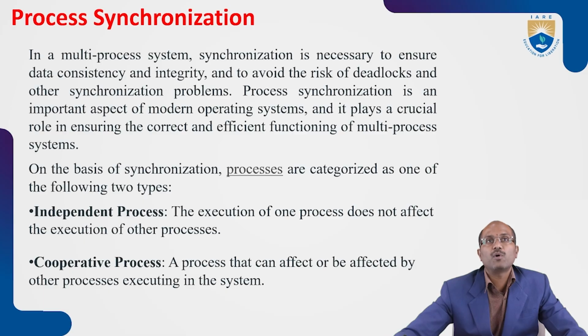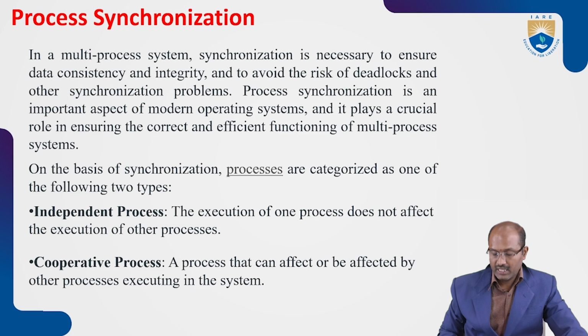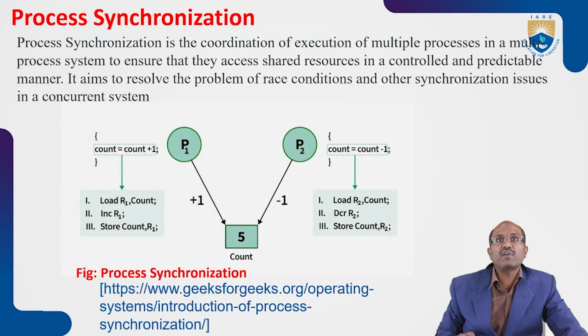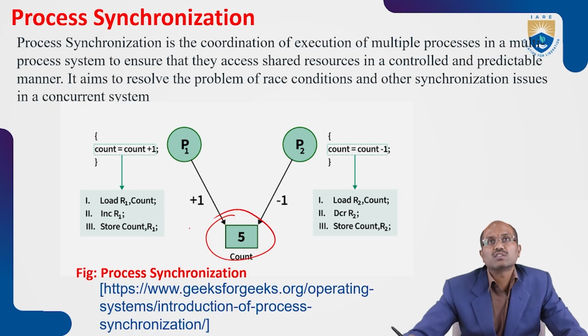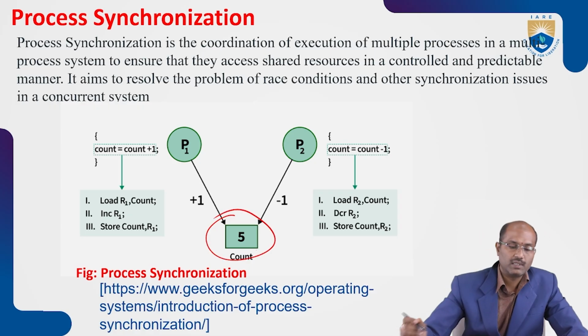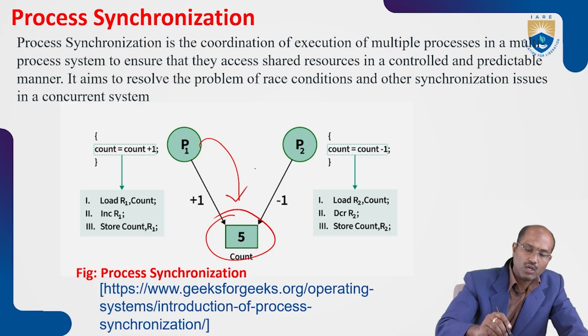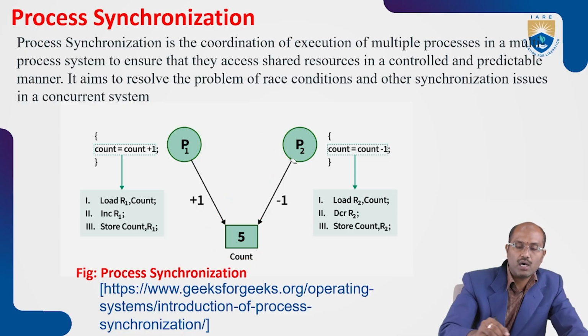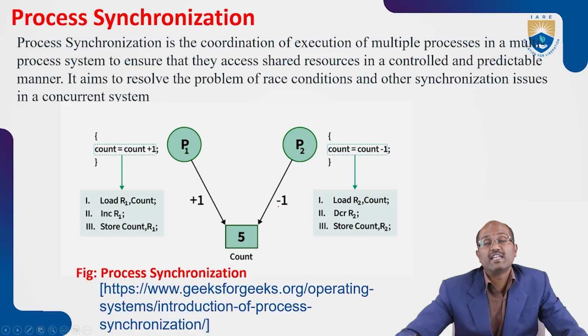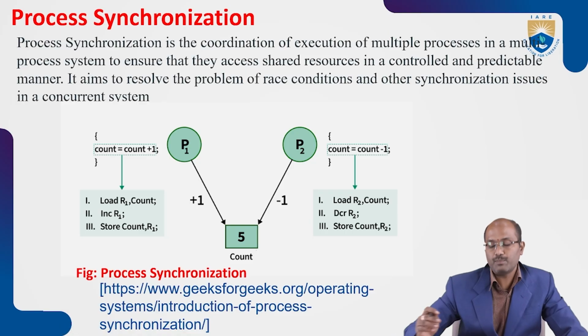This may depend upon independent and cooperating. Here, P1 and P2 do not affect the count variable, so these two processes are independent. If P1 affects the count variable and P2 affects the count variable, these two are dependent, meaning a cooperating process.